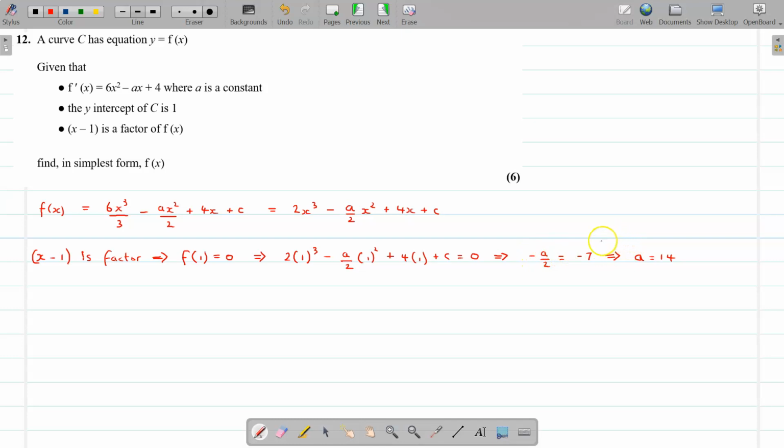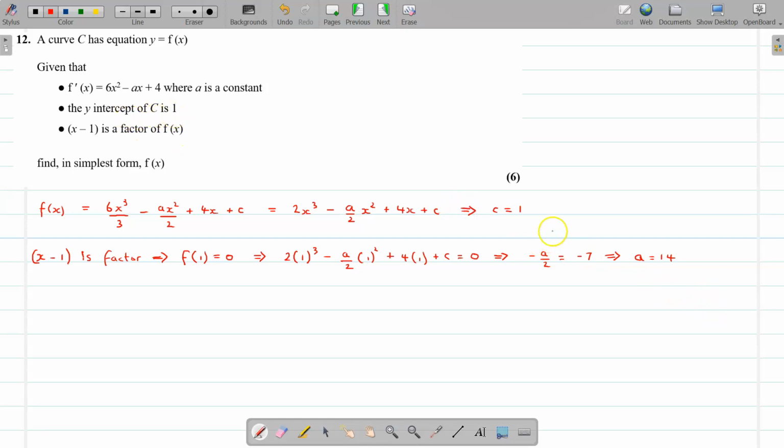Now, we also know that the y-intercept is 1. So we actually know that when x is 0, that's 0, that's 0, that's 0, and it crosses at 1 on the y-axis, so c must be 1. So I could actually say here at this point that c equals 1, because that's implied in this part of the question.